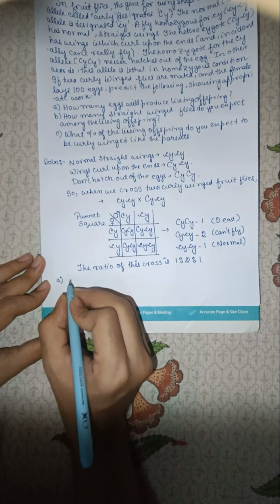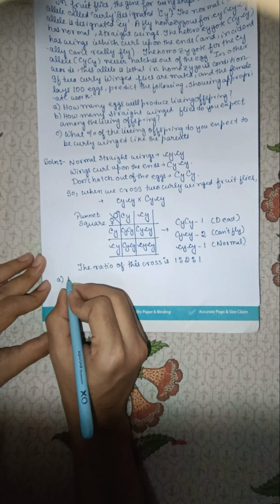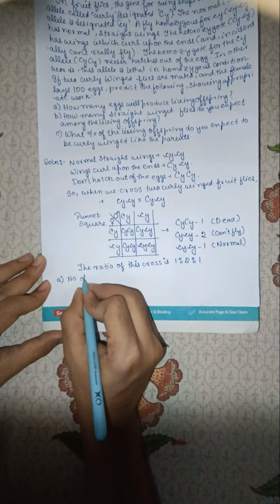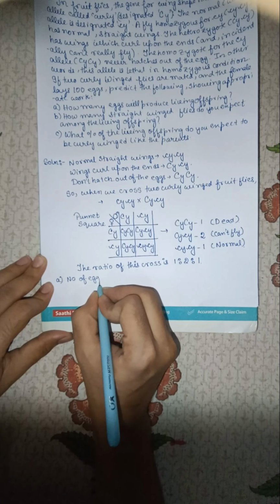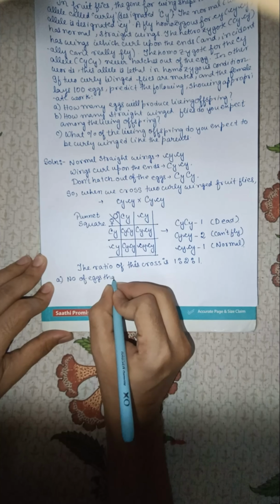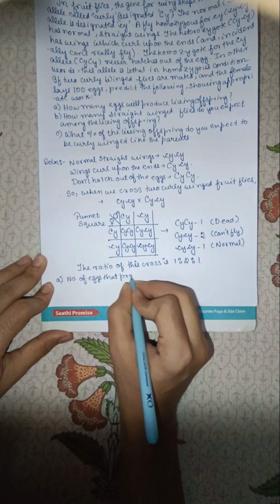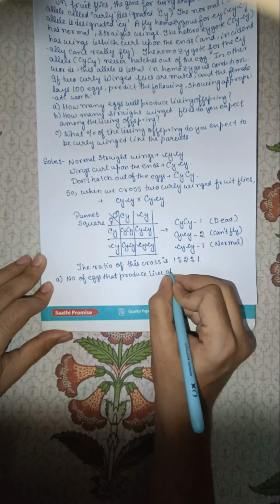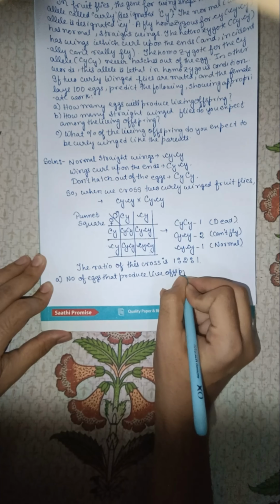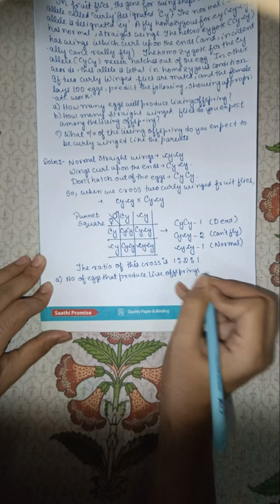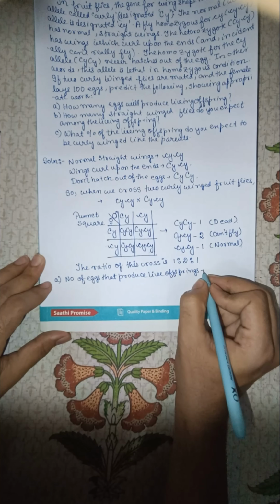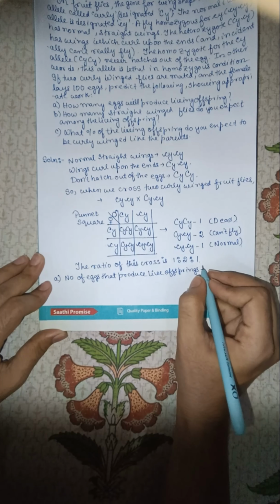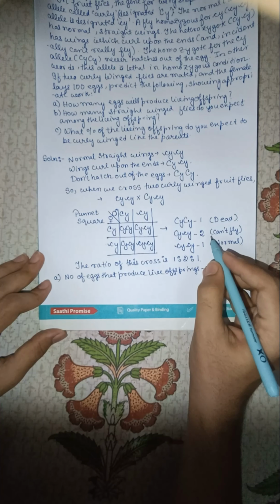So, the first question. The number of eggs that produce live offsprings is total 3.